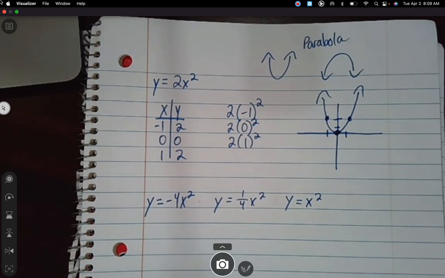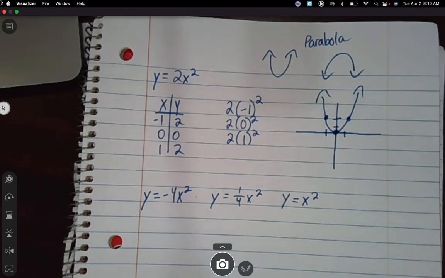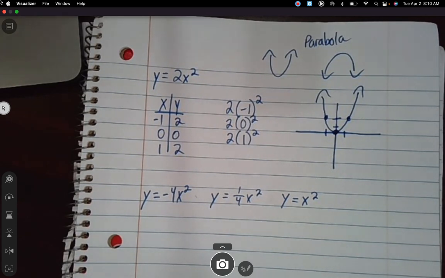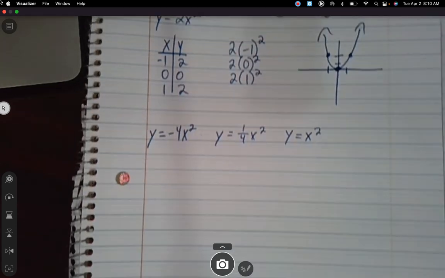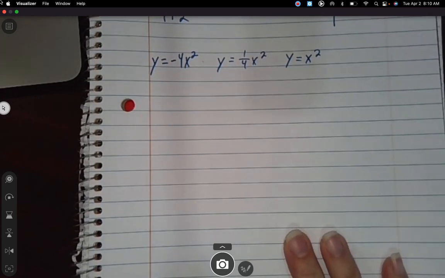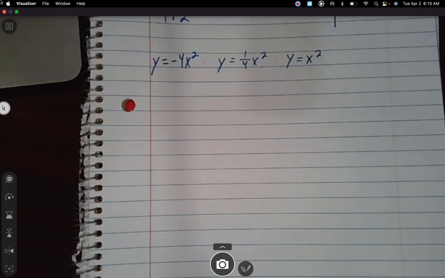And they want to know which one is the widest to the narrowest. Okay, the easiest way to do this, which I'll show you tomorrow, is to type it in your calculator and watch it graph them. Something that's wide would look like a parabola that's like this. A narrow parabola is going to look like that, like a skinny one, okay?